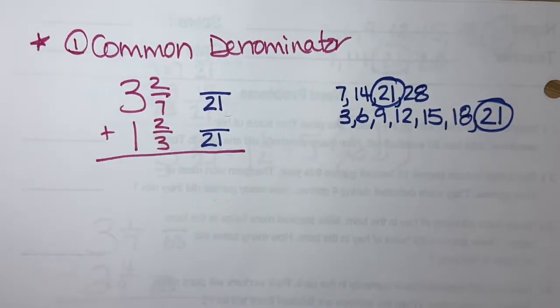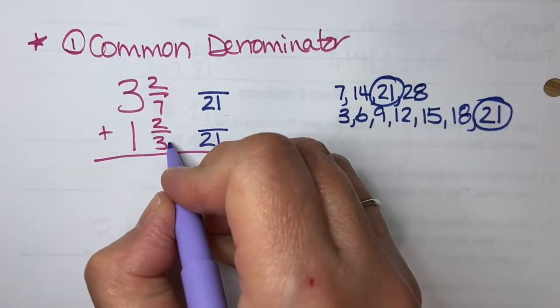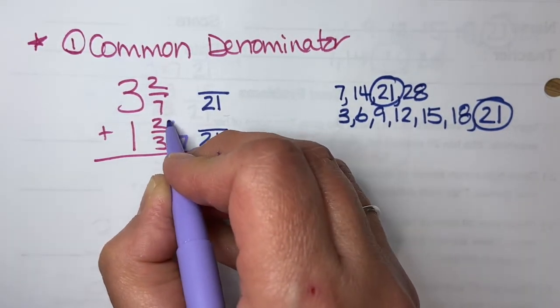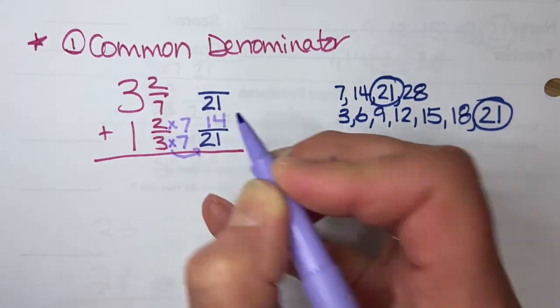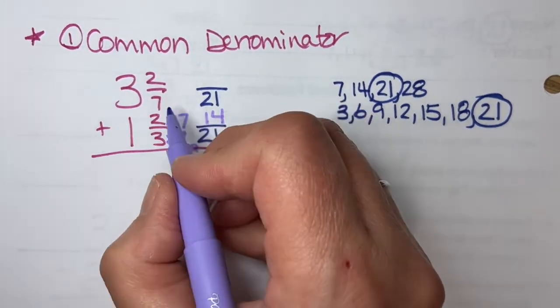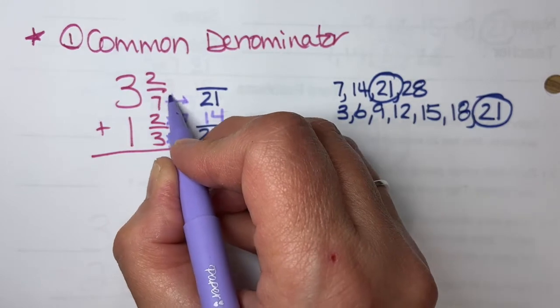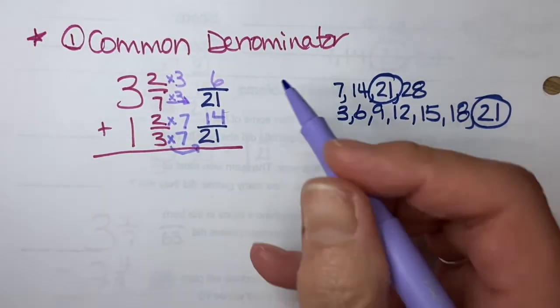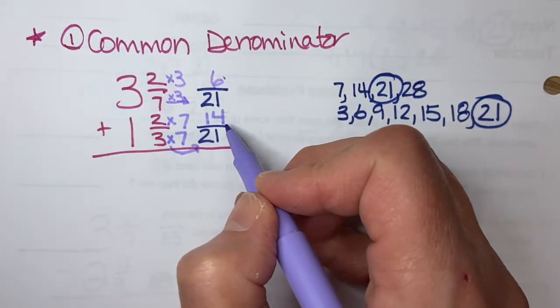Okay, once I find a common denominator, then I have to change the numerator to match that fraction. I need an equivalent fraction. So because I multiplied 3 by 7 to get to 21, I have to multiply 2 times 7. So that's 14 21s. Because I multiplied 7 by 3 to get to 21, I have to multiply 2 times 3. Once I do that, I would just add my numerators.